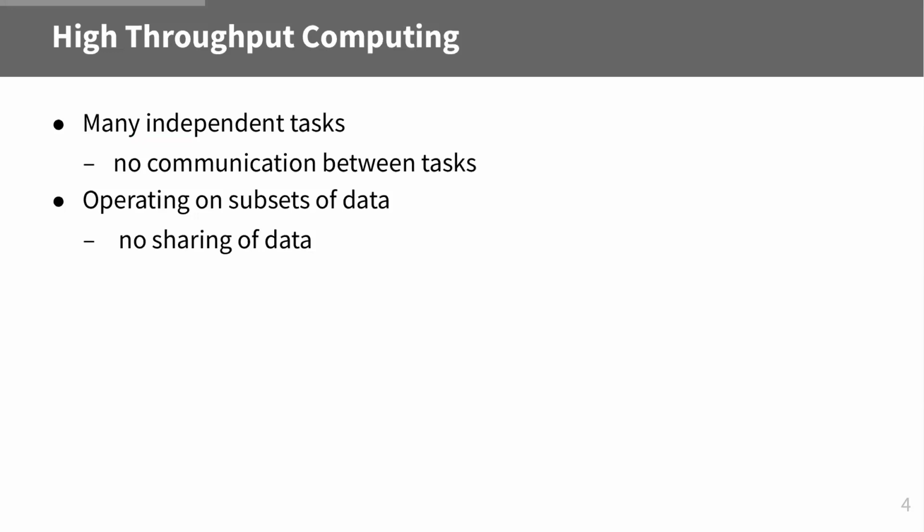And in high throughput computing, those independent tasks are typically operating on subsets of your data. So you might have a very large set of data, a very big problem you want to solve, but you can actually divide it up into subsets where each set can be processed independently of the others. And so there's actually no sharing of data between those individual computations.